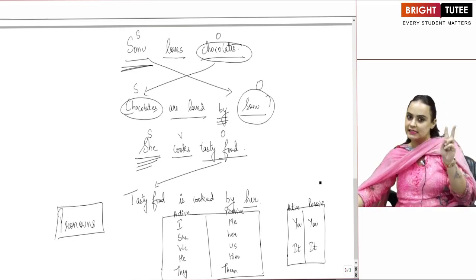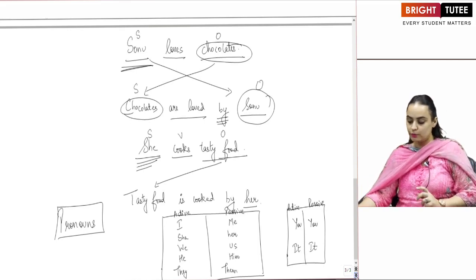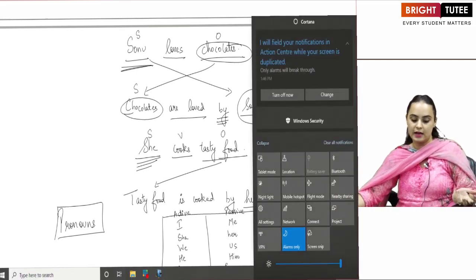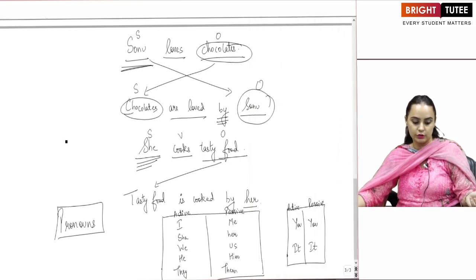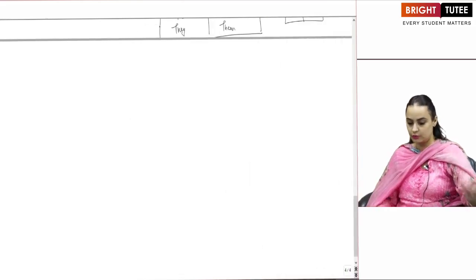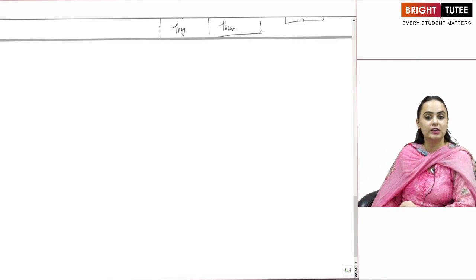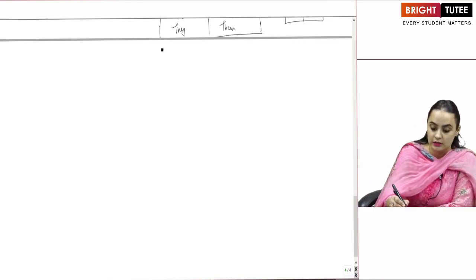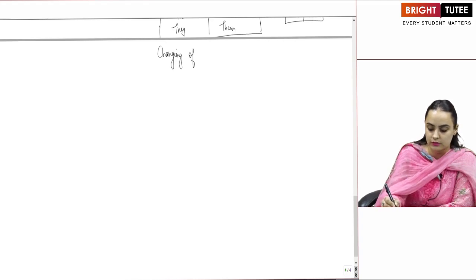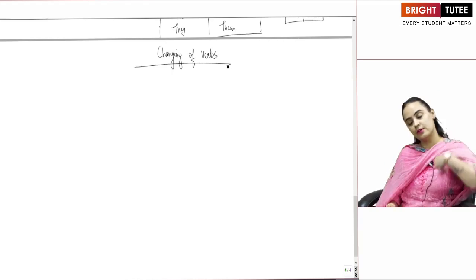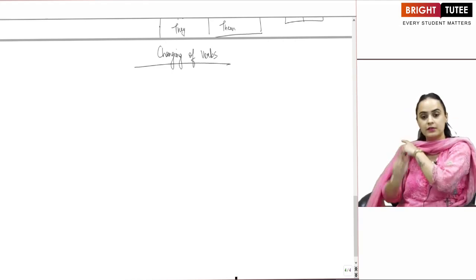So, one thing is clear, we have to change the pronouns, and I have told you the rule of changing the pronoun. The second thing that we changed was our verb. So, let us talk about the changing of the verbs. Let's discuss that first.